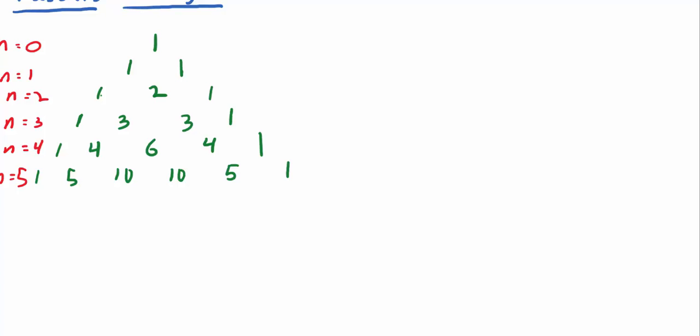Okay, Pascal's triangle. It turns out that the numbers in Pascal's triangle form the coefficients of a binomial when you multiply it out according to an exponent of n. So check it out. Here's a formula you may have memorized. If you take a plus b and square it, so n is 2 in this case, what's the formula for that?